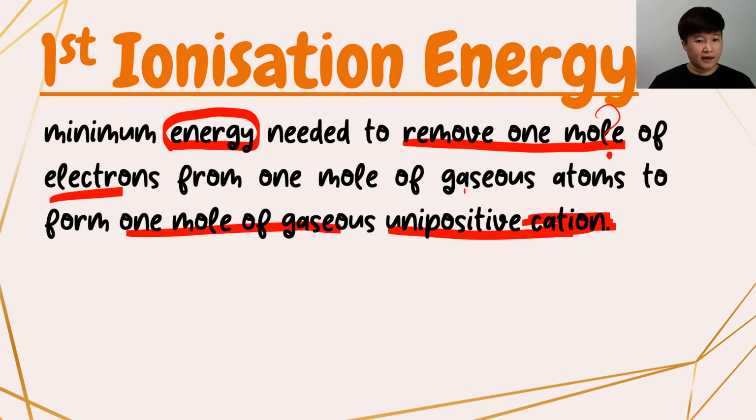Cation. Why cation? Because you remove electron, so you become a cation. For example, if I have X, I'm going to form X+ plus electron. So I'm forming a positive charge because I remove electron. Okay, so that is what I mean by ionization energy.